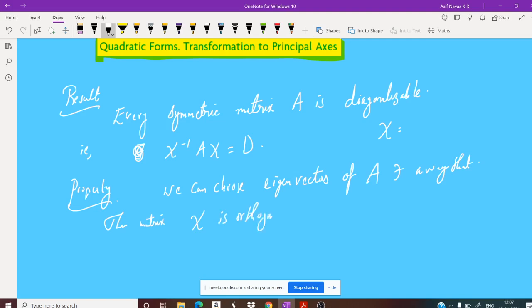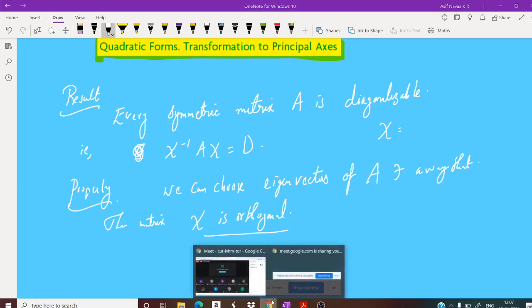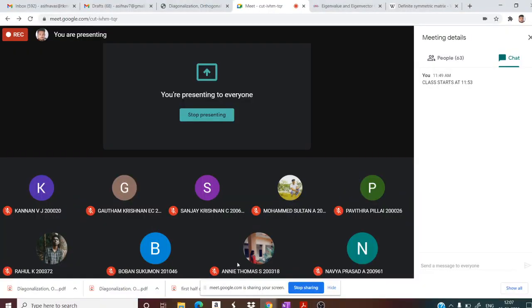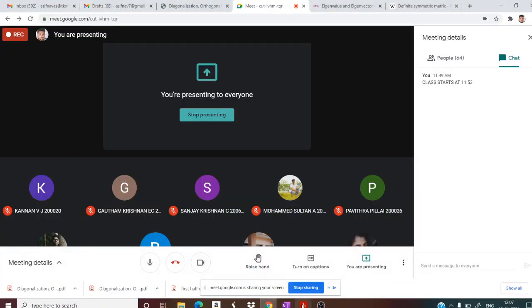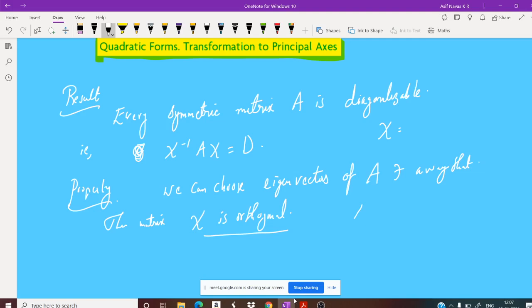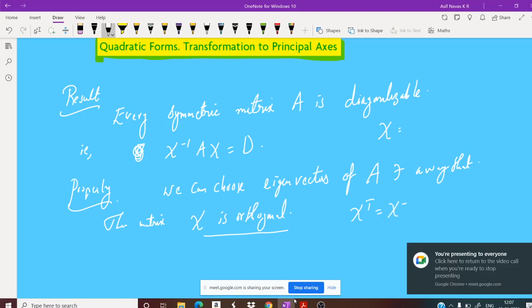Do you know what is orthogonal? A matrix X is said to be orthogonal if, anybody know what it is? X transpose X is equal to the identity.